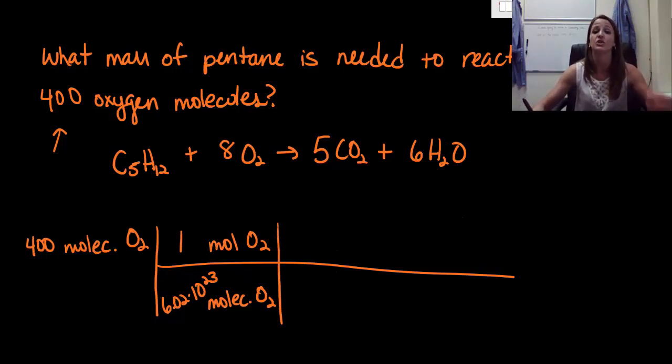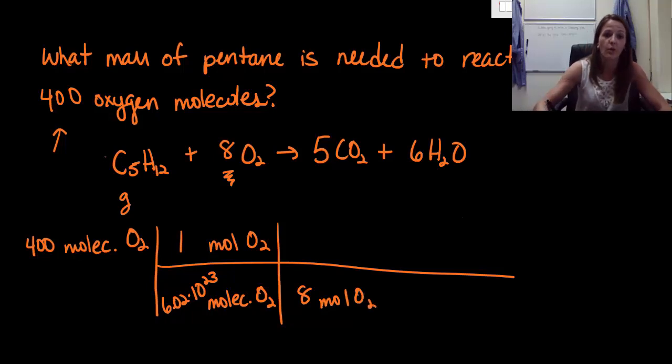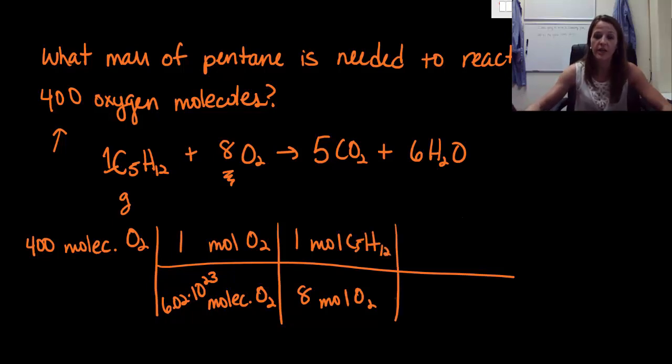We're trying to get to mass of pentane. So we're trying to get to grams of pentane here. We need to go from moles of oxygen to moles of pentane. So we see that for every 8 moles of oxygen, we have 1 mole of pentane. Now we're in moles of pentane, we're trying to get to mass, so we have one more step.